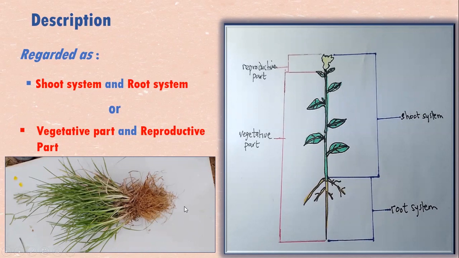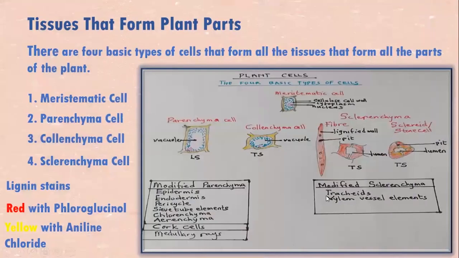So monocots and dicots basically are very, very similar. Their differences are in how the different basic structures are arranged. In the same way, in plant tissues, in both monocots and dicots, there are 4 basic plant tissues.